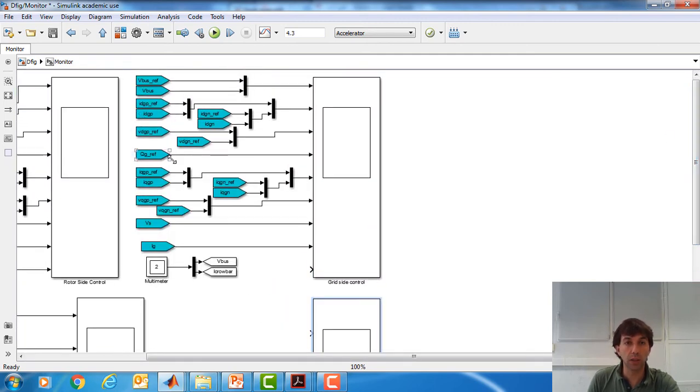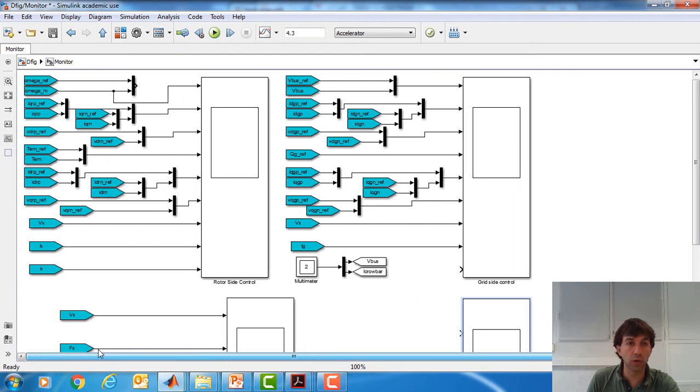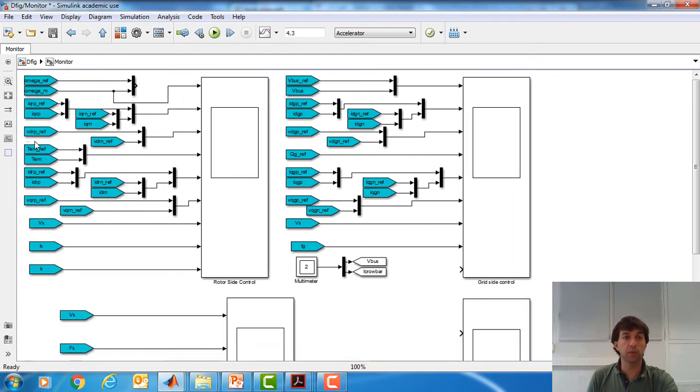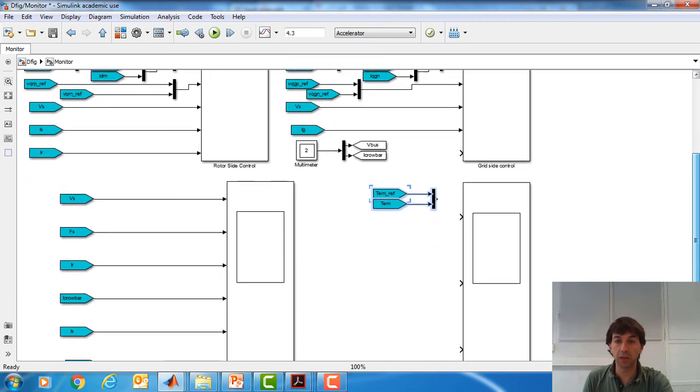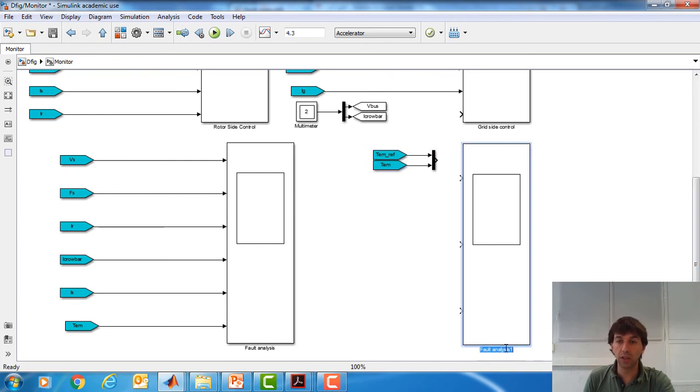So let's find where it was the torque. Let's take, for instance, these elements, copy them and paste there. This is our model comparison.